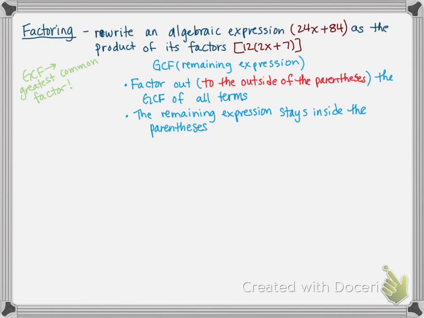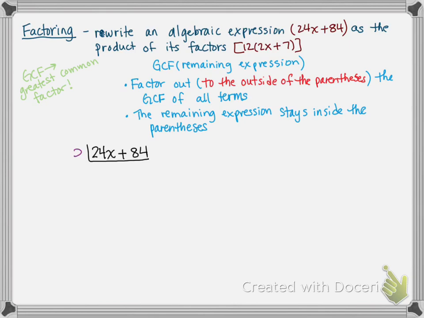Okay, now I'm going to bring back my favorite way of finding GCF and LCM, and that is the factor ladder. That's my favorite. So if we're going through that same example, 24x plus 84, what we're going to do is pull out anything that these two have in common.